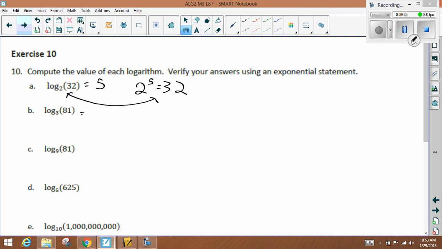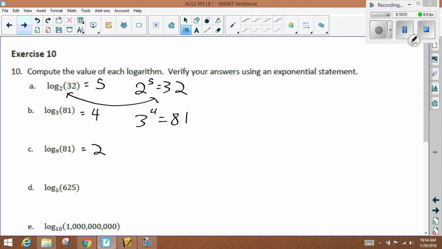All right, hey, 3 to what power is 81? 3. No, 4. 3 to the second power is 9. Oh, sorry. 4. So that's the same thing as saying 3 to the 4th power is 81.